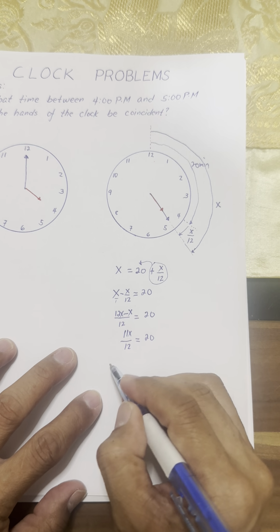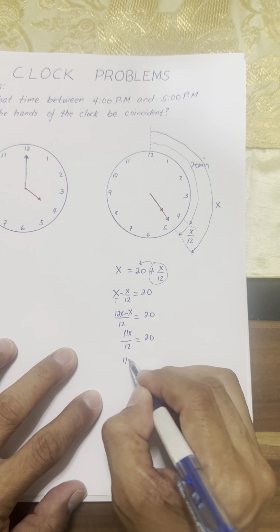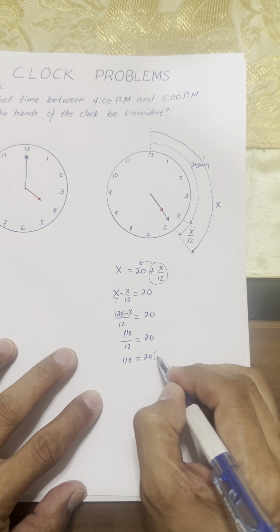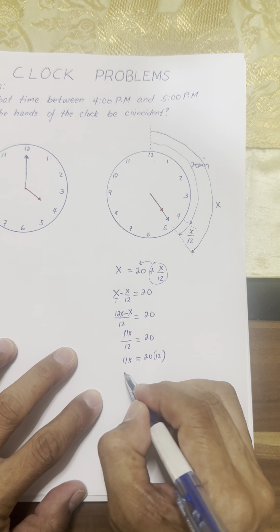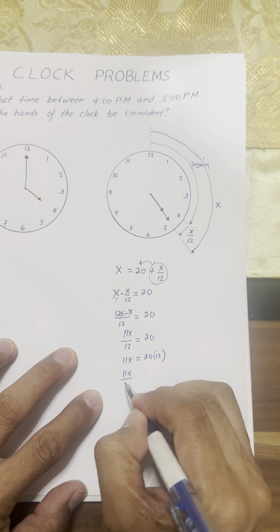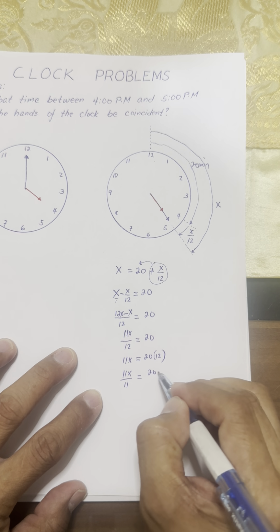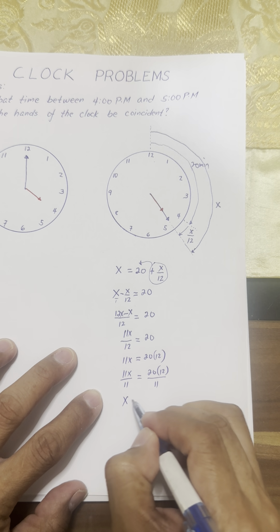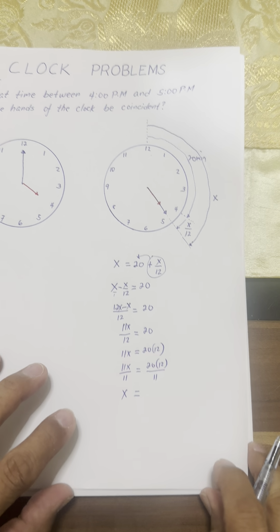Solving for x, cross multiply: 11x equals 20 times 12, then divide both sides by 11. So x equals 20 times 12 divided by 11.